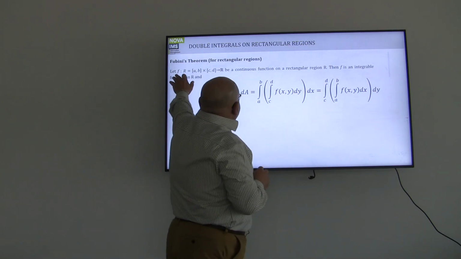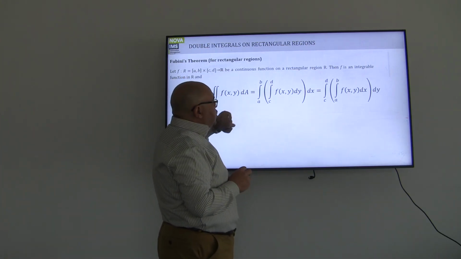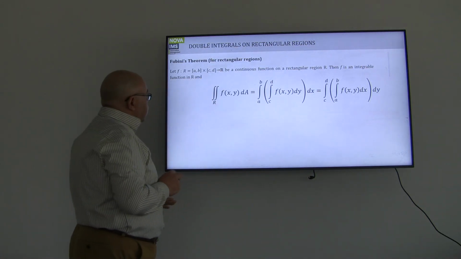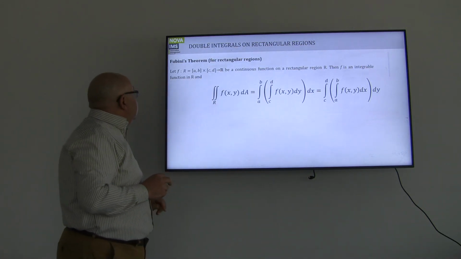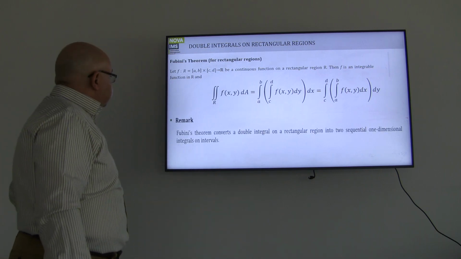So for a rectangular region [a,b] cross [c,d], if f is a continuous function on this region, then f is integrable on R, and that's Fubini's theorem, as you can see.